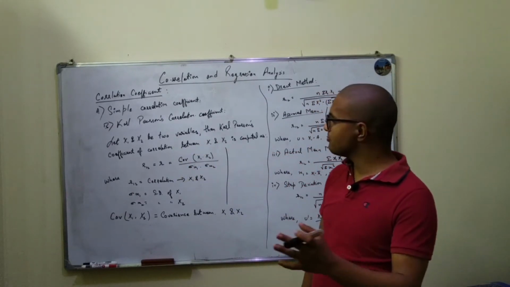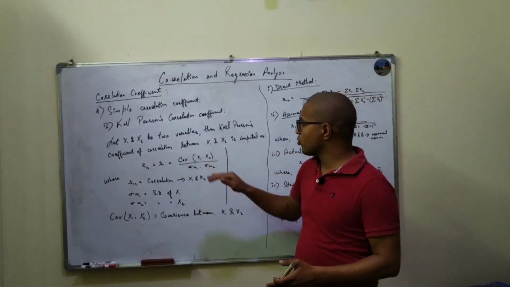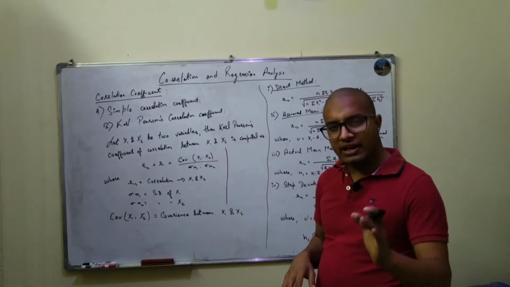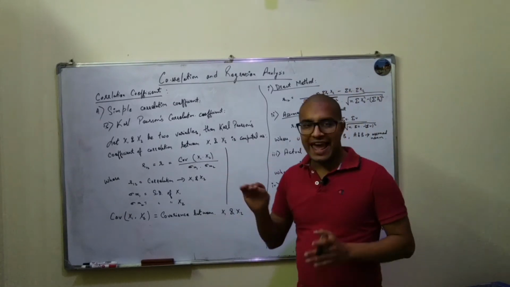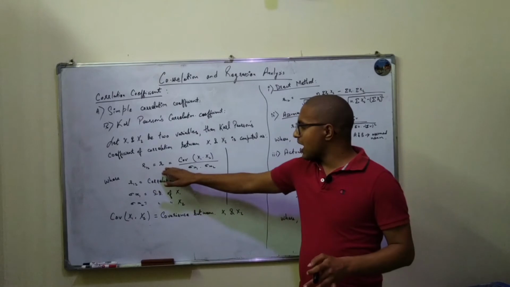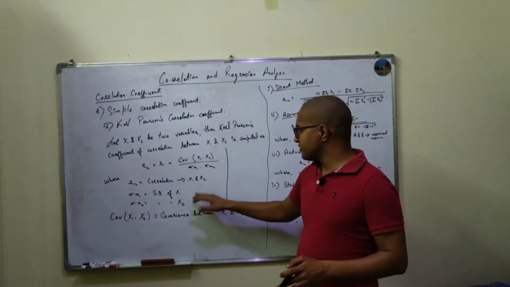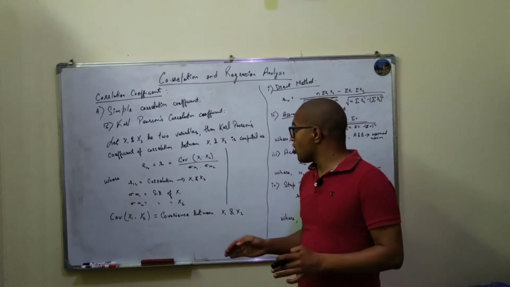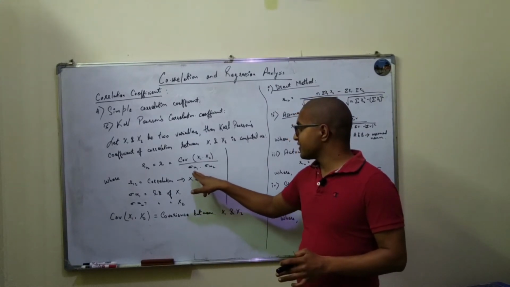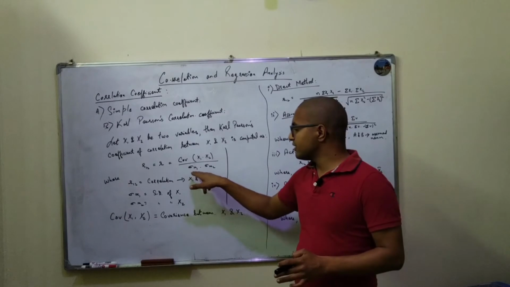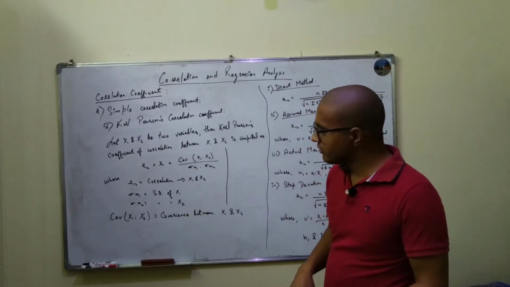In the case of Karl Pearson's correlation coefficient, let x1 and x2 be two variables. Then Karl Pearson's correlation between x1 and x2 is computed as R12 = COV(x1, x2) divided by the standard deviation of x1 multiplied by the standard deviation of x2.